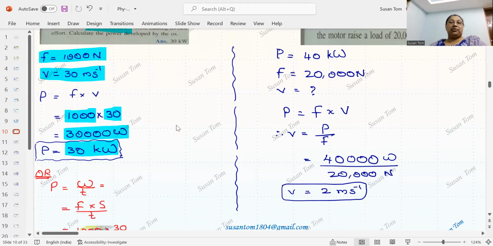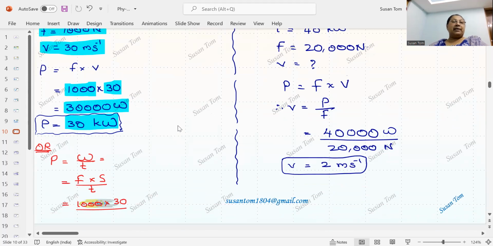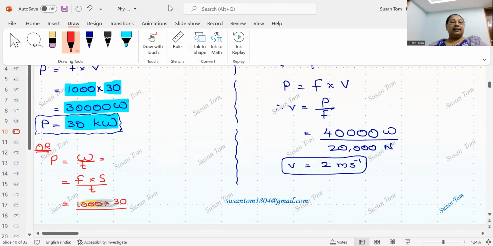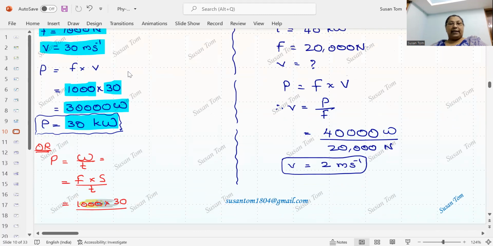The other way, if you want to solve, you can also solve it in this manner, children. The method I said, power equal to work upon time, you write. Work is F into S. Force is given 1000 Newton.